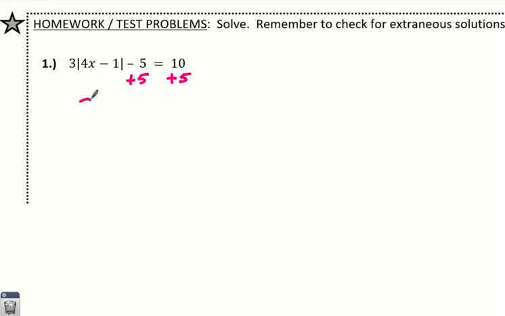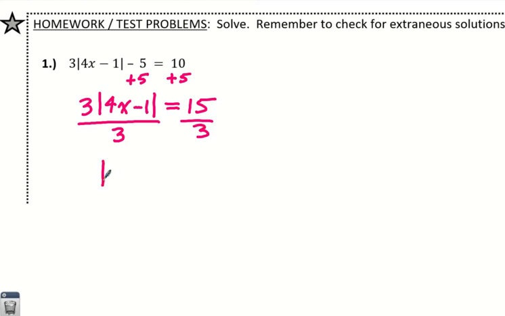This is the first step, and then the next thing we're going to do is divide both sides by 3. We're not going to distribute the 3. And so that leaves the absolute value of 4x minus 1 all by itself, and the other side would be 5.